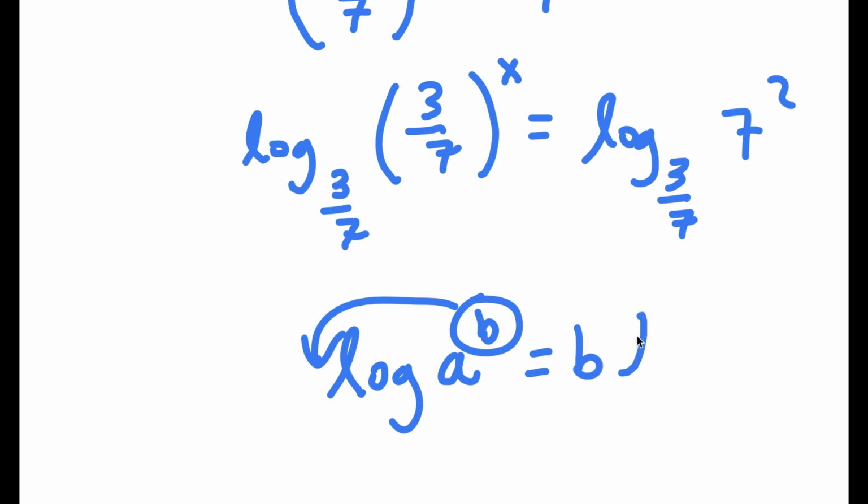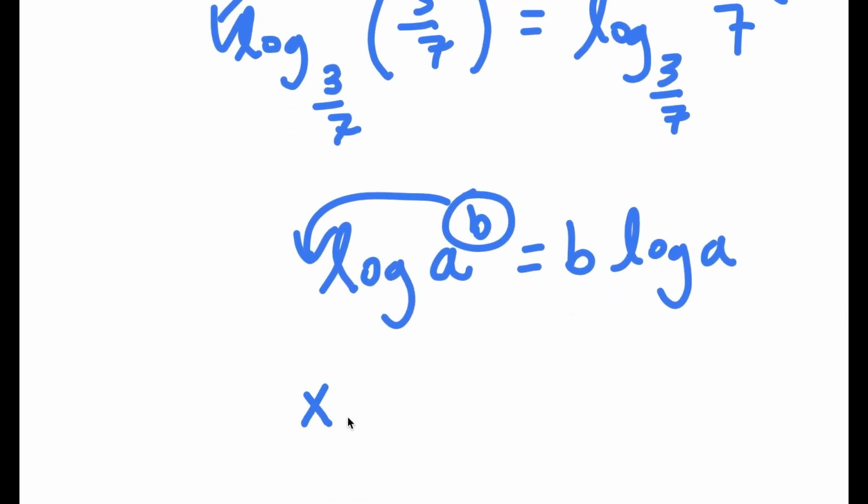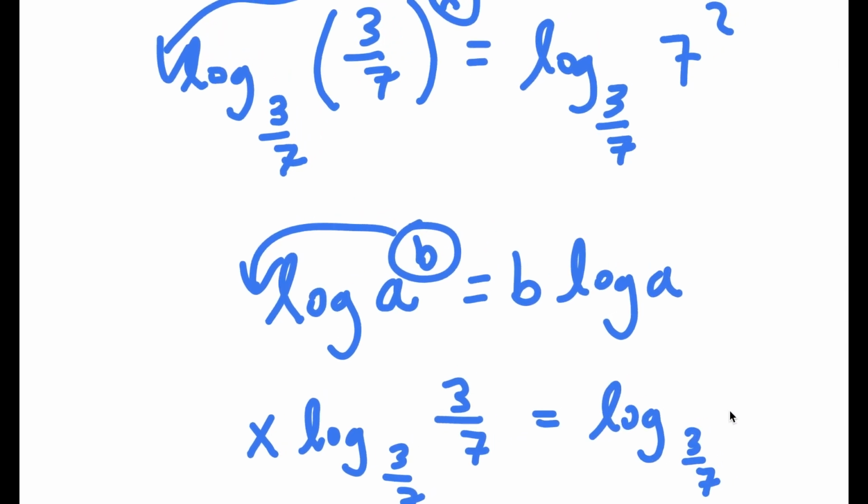So this can equal b times log a. So in this case, I have x as my exponent, so I can move it to the front. So then I have x times log base 3 over 7 of 3 over 7 is equal to 2 times log base 3 over 7 of 7.